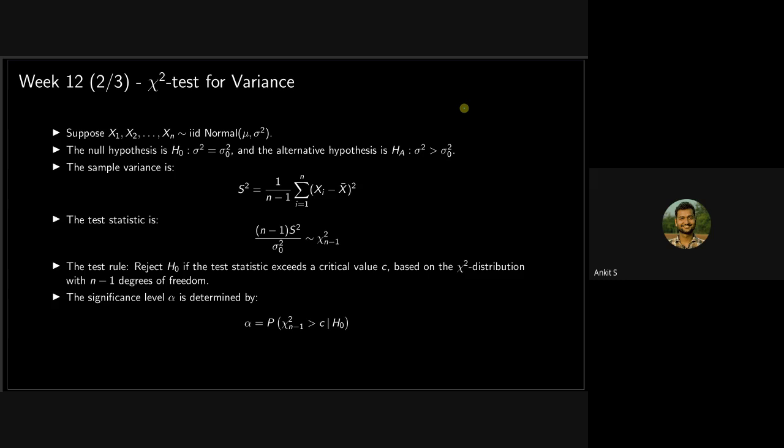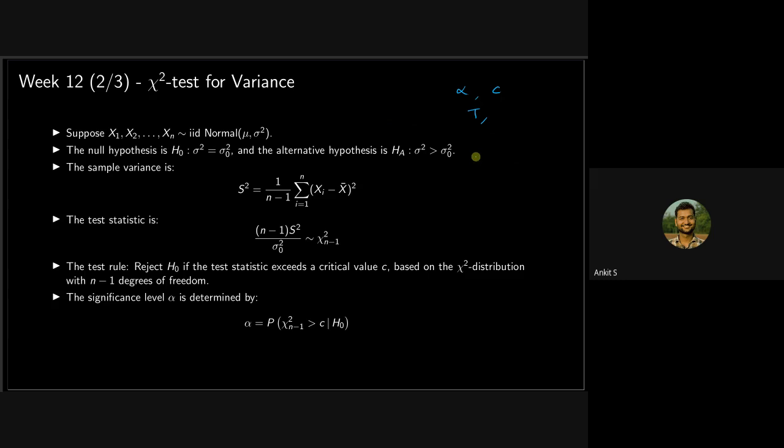Okay, so all of the tests have some very basic terms like alpha, critical value, and test statistic. So always you will find the test statistic. If it is greater than c, you will reject.